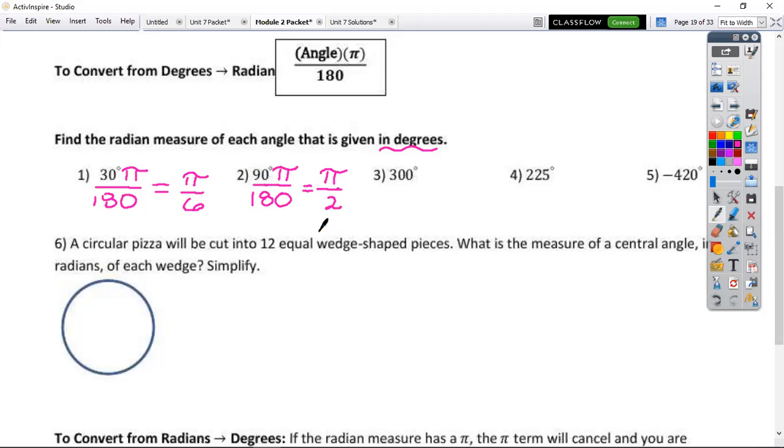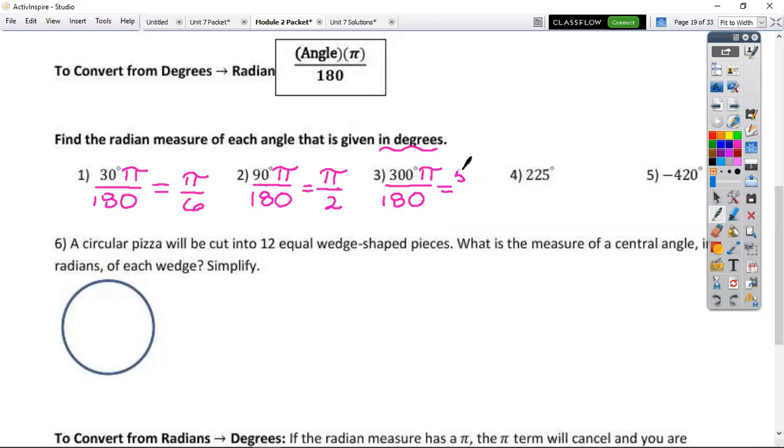So next, 300 degrees. So I go 300 times pi divided by 180. And go ahead, throw that in the calculator and hit math, enter, enter. And what do we get from that one? Excellent, 5 pi over 3.